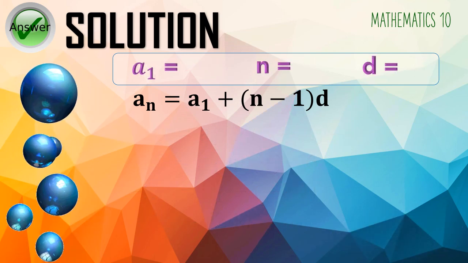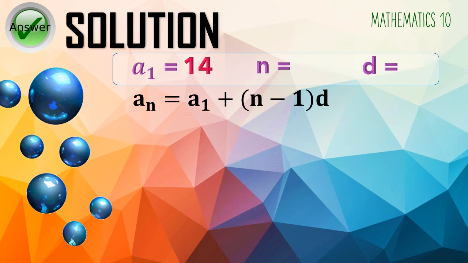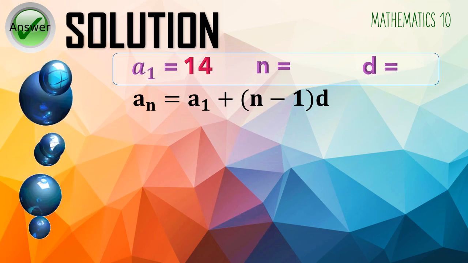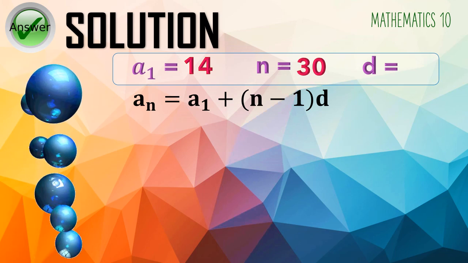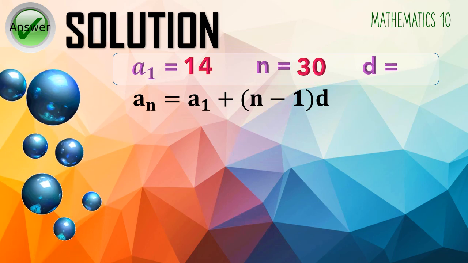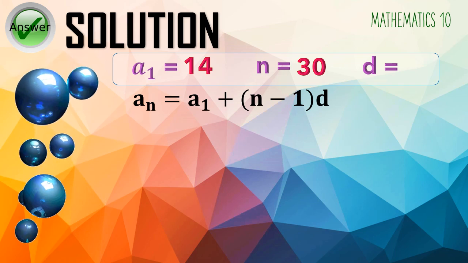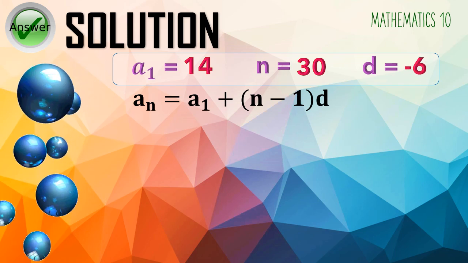Next, as you can see, we do have our a sub 1 already, which is 14. Since you are tasked to find out the 30th term, your n will be 30 already. And for the d, same, we do have negative 6.